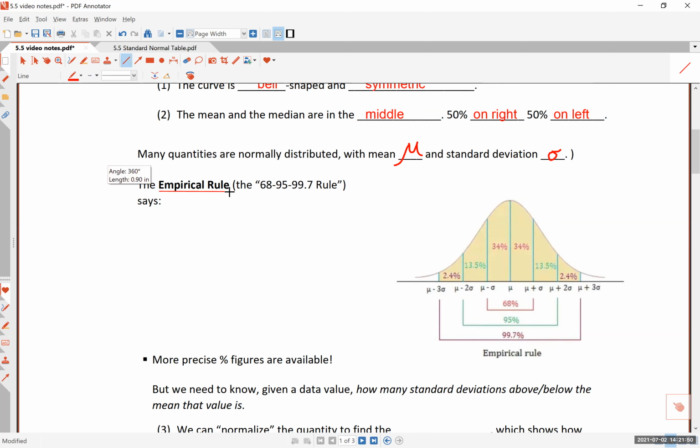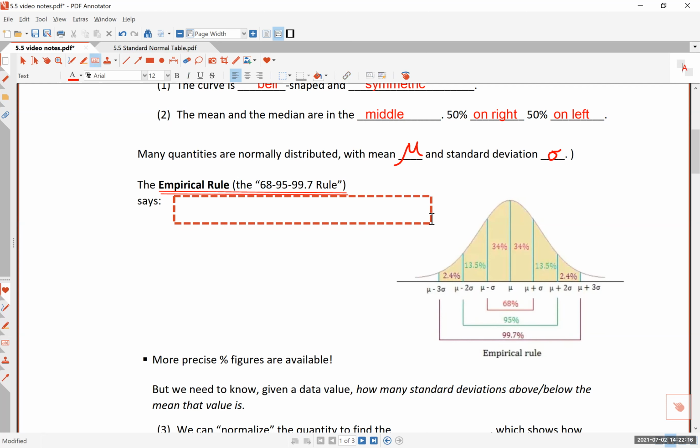I'm going to bring this out here now because this is really going to give you a pretty good indication of the big picture. So what does this empirical rule say? Empirical means observational. When you observe a typical distribution, which is a normal distribution, then we can make some claims.